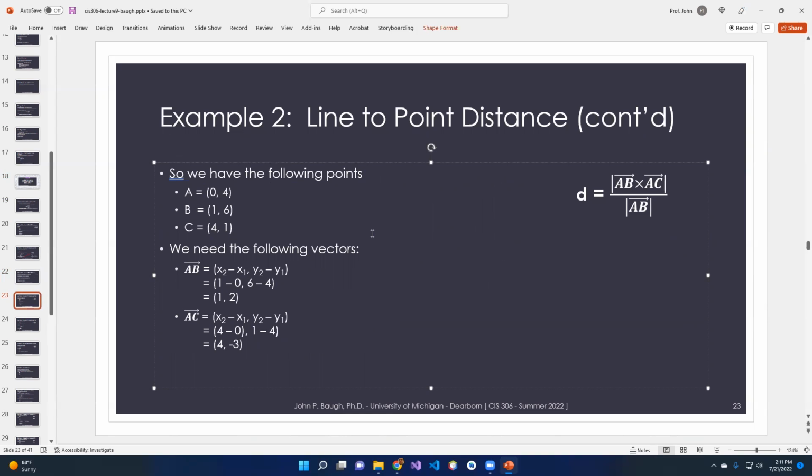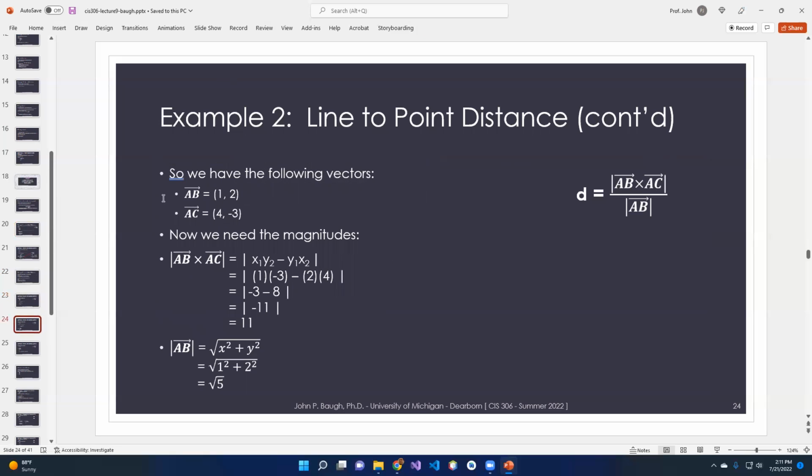So you don't need to calculate every permutation of every vector that could make up this entire scenario. Like you don't need BA or BC or any of that. You just need AB and AC. So the point from which it goes to the point it's headed, and then you can find that vector right here with the component-wise difference. So you have 1 and 2 here, and then 4 and -3 there.